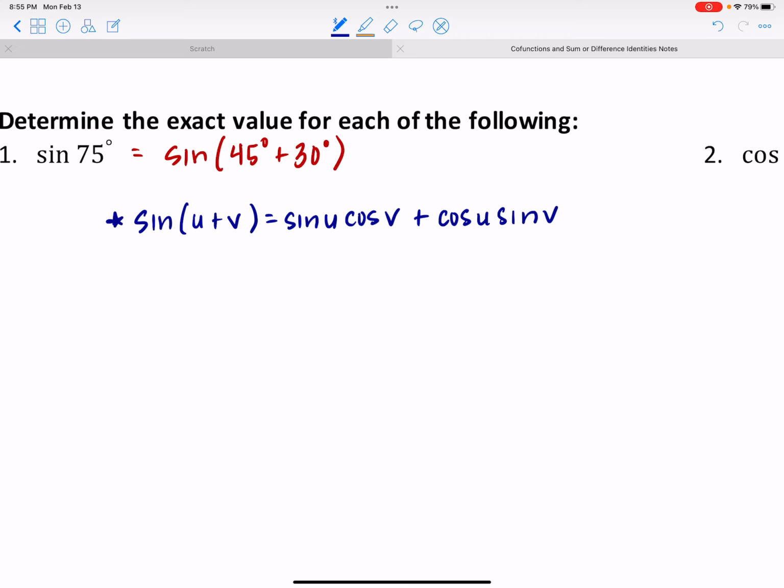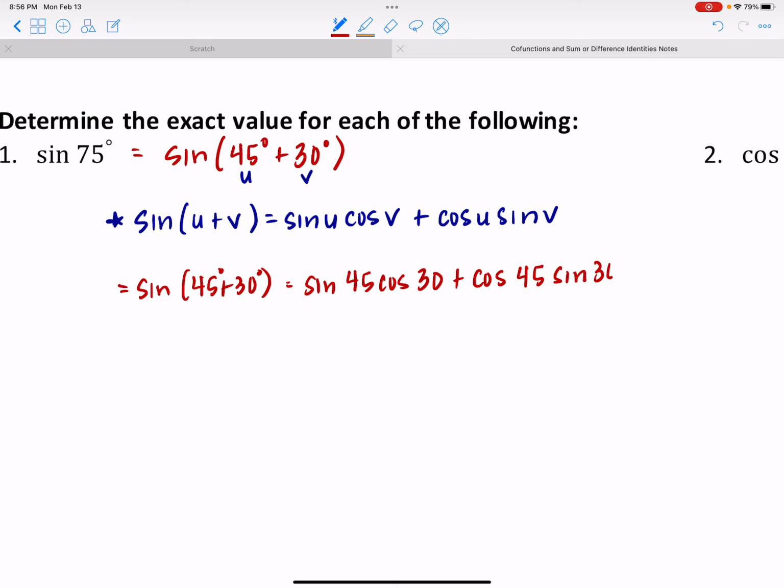So instead of u and v in our problem, we have 45 and 30. So applying this formula to my problem, we're looking at the sine of 45 plus 30. So this will be the sine of 45 times the cosine of 30 plus the cosine of 45 multiplied by the sine of 30. And these should all be degrees.